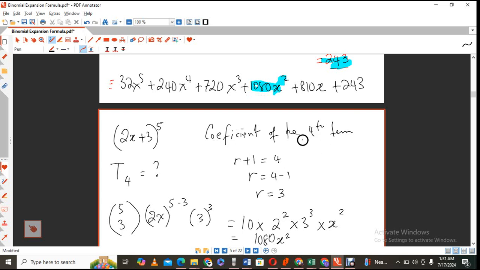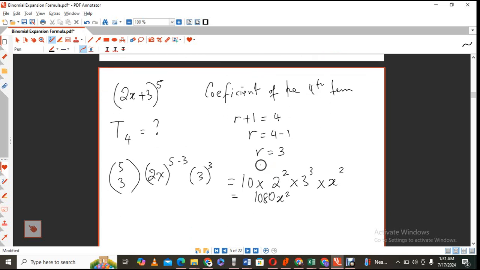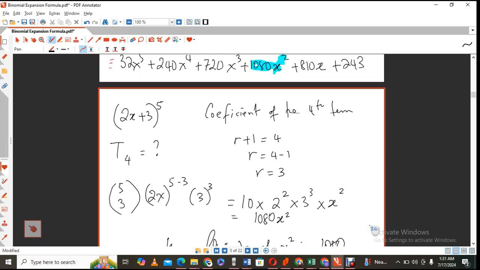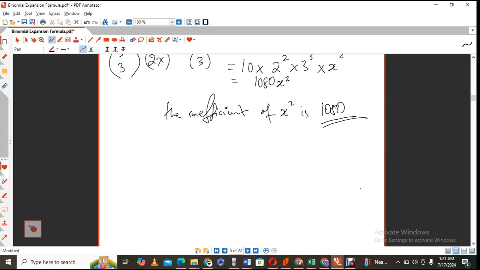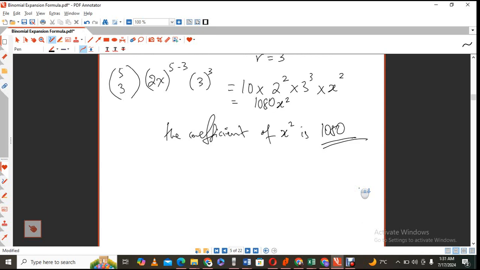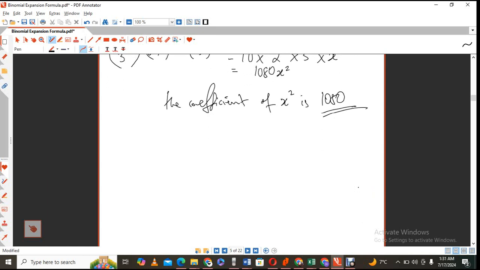But if I ask you what is the coefficient, and then you answer in the exam, you will say the coefficient of x squared is 1080, if that is what the question demands of you. Okay, so you gotta kind of get used to asking the questions, especially when they do ask you a few things. All right. There's also another way that they can ask you this. They can ask you.